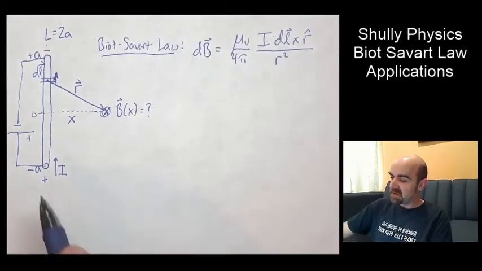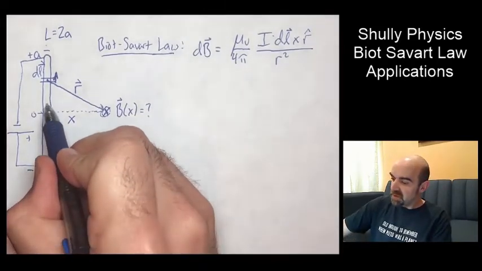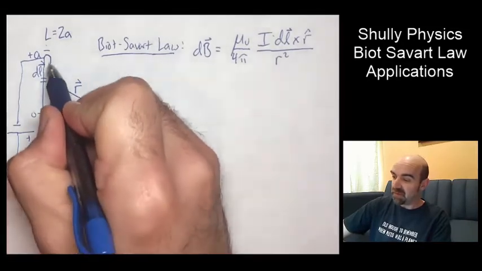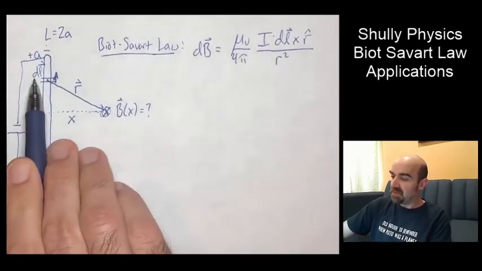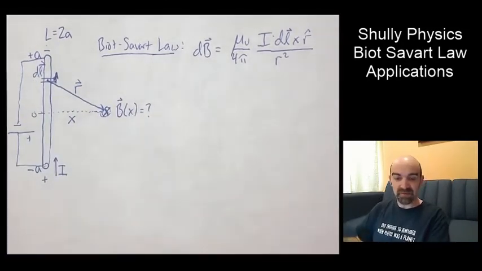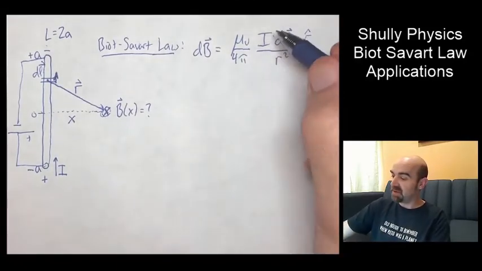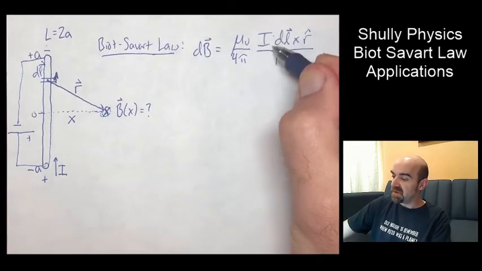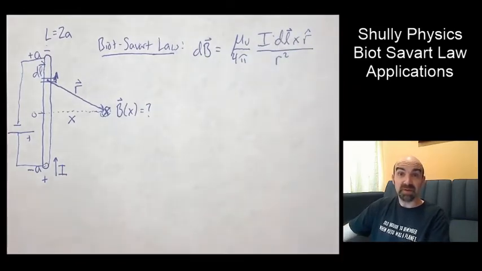All right, so as charge travels or drifts upward in this current, each little DL will have with it a little DQ, but we are skipping past the DQ. We can use the Biot law because it's in terms of the electrical current, and that includes the little DQ.